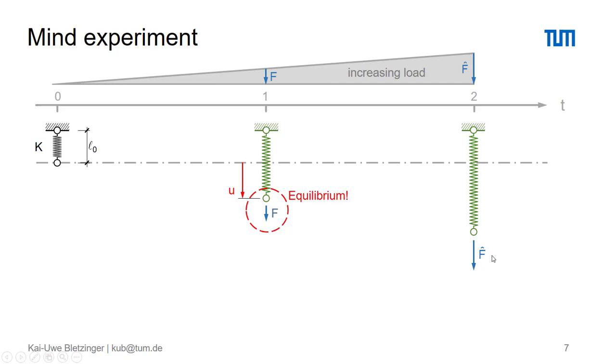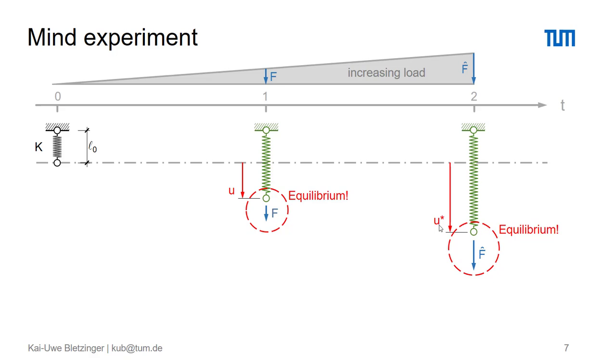Further increasing the load until we reach state 2, the final state with F hat, we of course observe the final elongation of the spring, and we have reached the final displacement U star as on the slide before. Again, we have equilibrium.